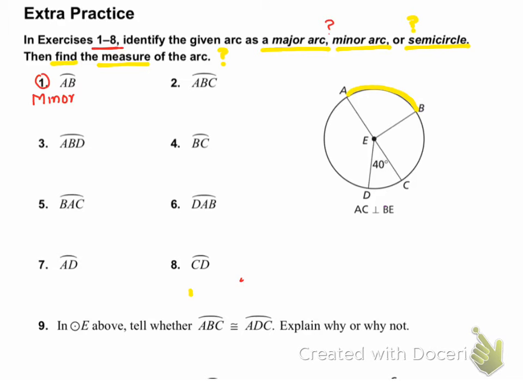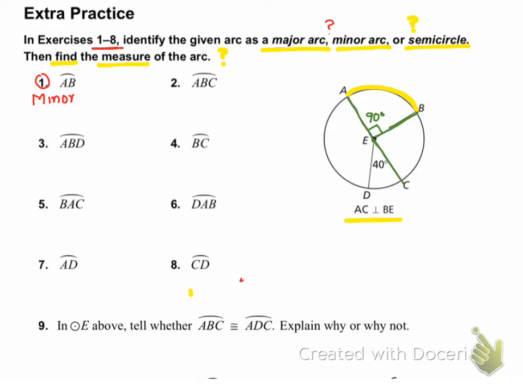We have to pay attention that they give us extra information: AC is perpendicular to BE. This is AC, that's a diameter, it's passing through the center, and it's perpendicular to BE. So this is 90 degrees.